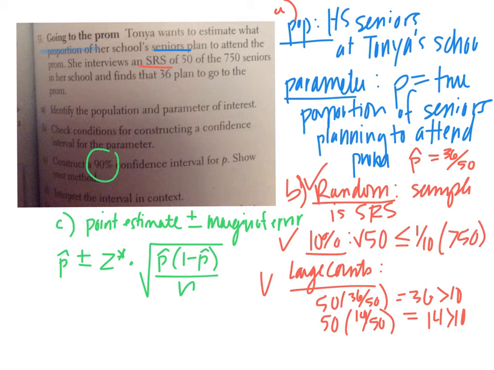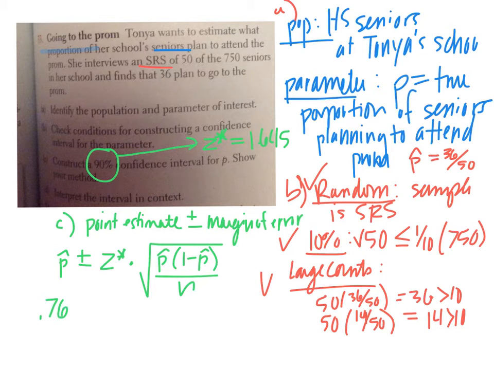If it's a 90% confidence interval, we're going to need to look up the z star value, or maybe you already have it written down. The z star is 1.645. So that's going to be my z star. So this is going to look like, let's see, 36 out of 50 is my p hat.